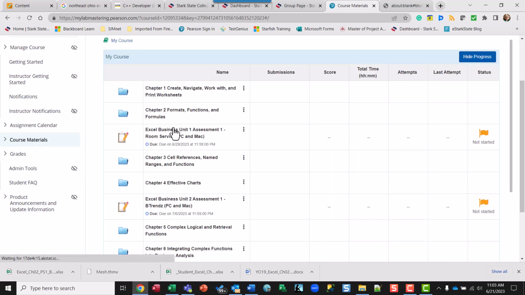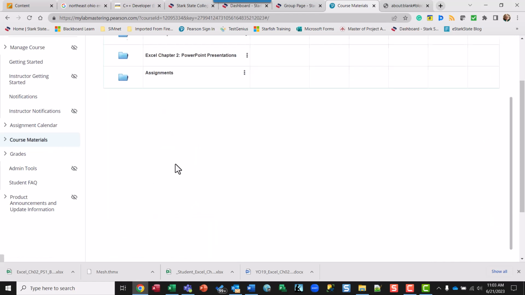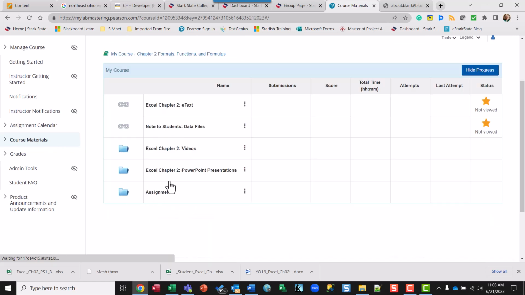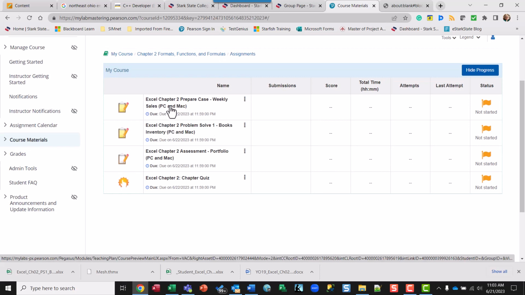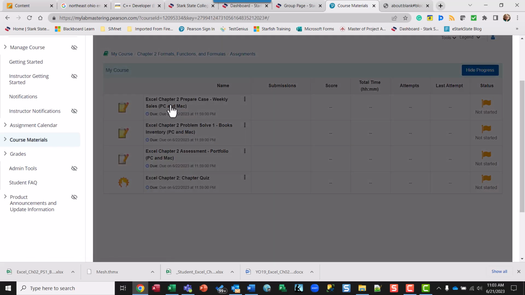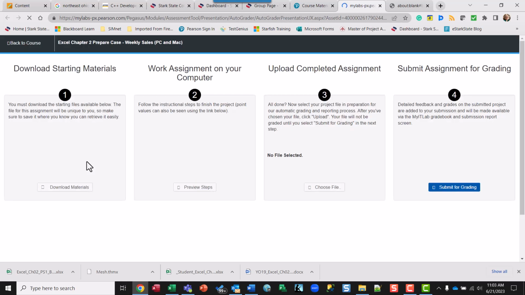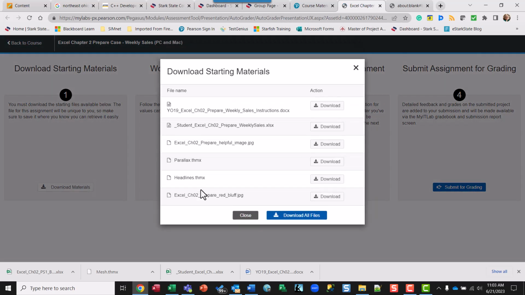So if we go into these assignments, you always just want to pay attention to, so like if we go in here, the prepare case, and we download the materials, do you see there's more than just the start file, right? So there's this image, the parallax theme, and the headlines theme.